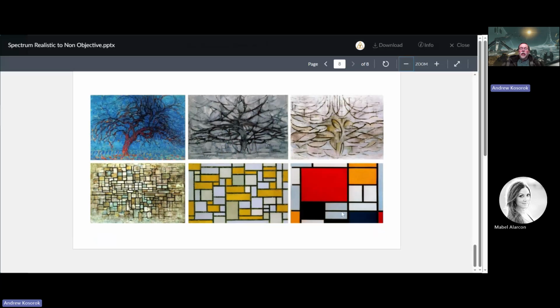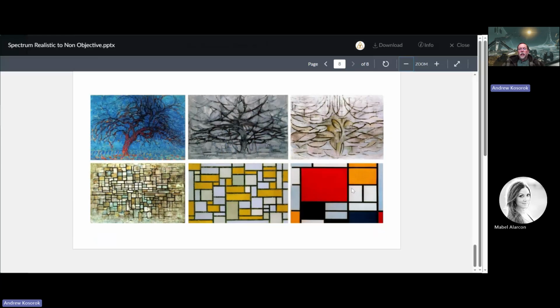And it becomes a non-objective appearing artwork, where even though it is literally abstract because it's so simplified, and has its origin in the natural world or in the shared world, it looks completely non-objective.